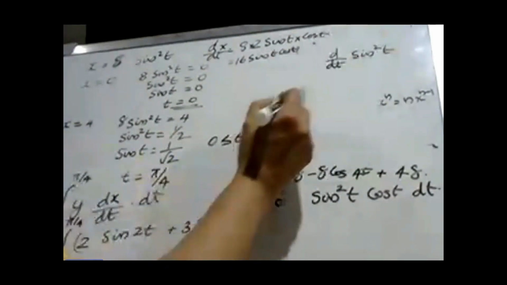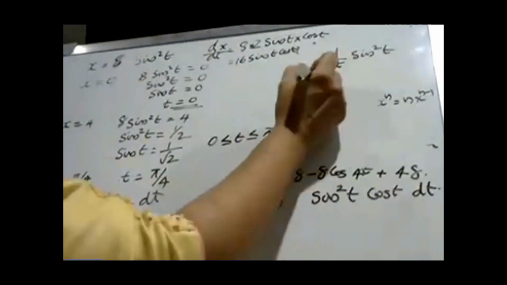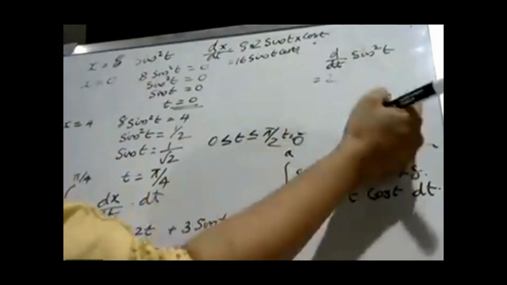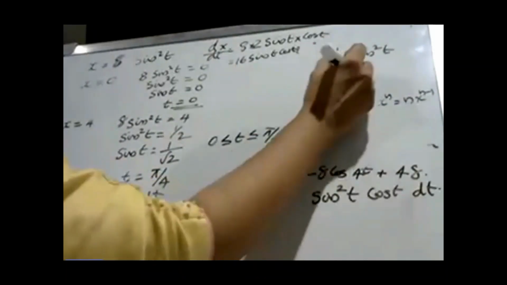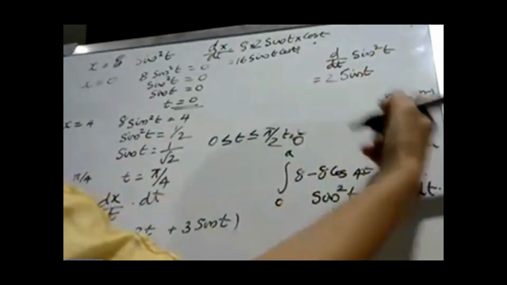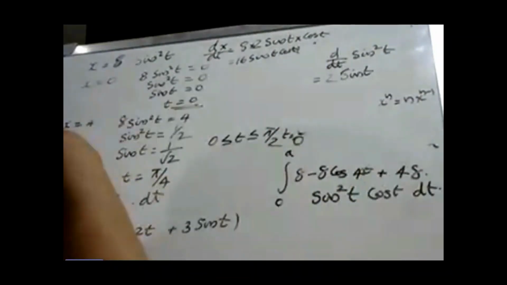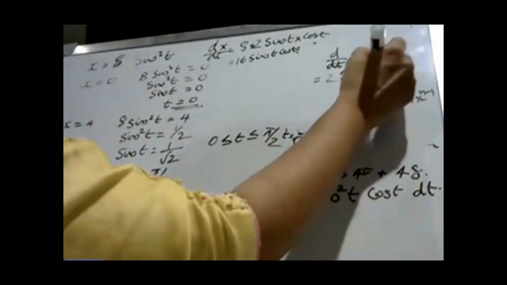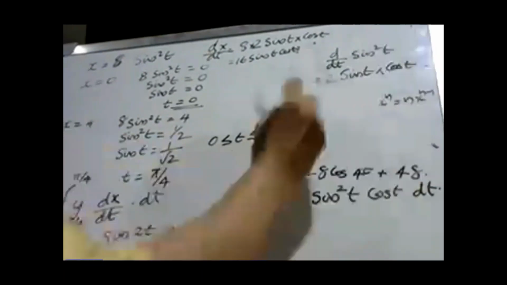So d by dt of sin squared t is, the power is 2, so 2 times sin t. Since instead of x I have taken sin, I have to multiply by its derivative. The derivative of sin is cos.